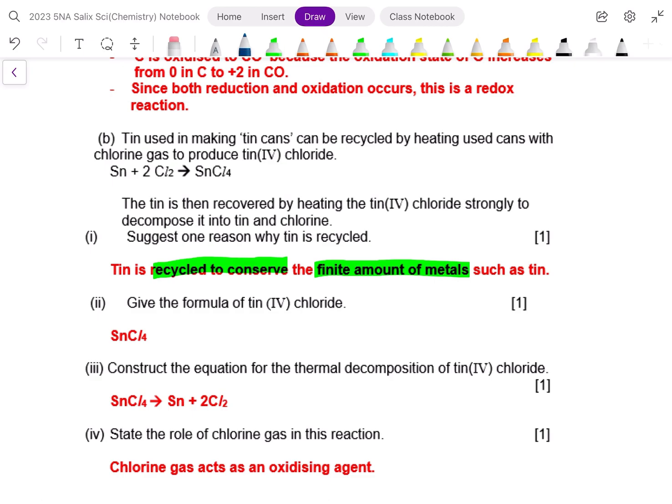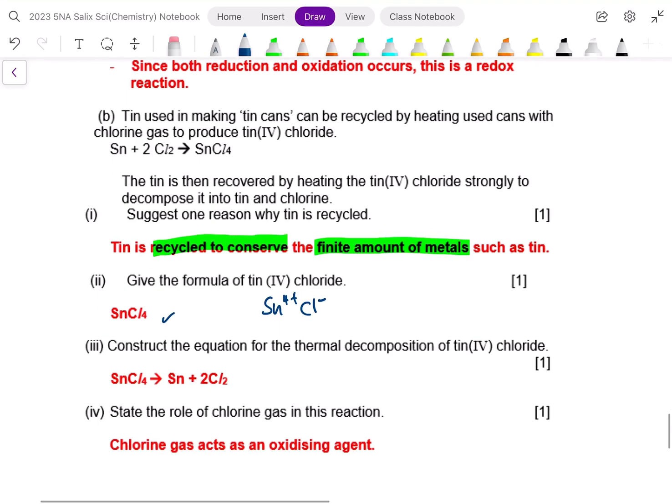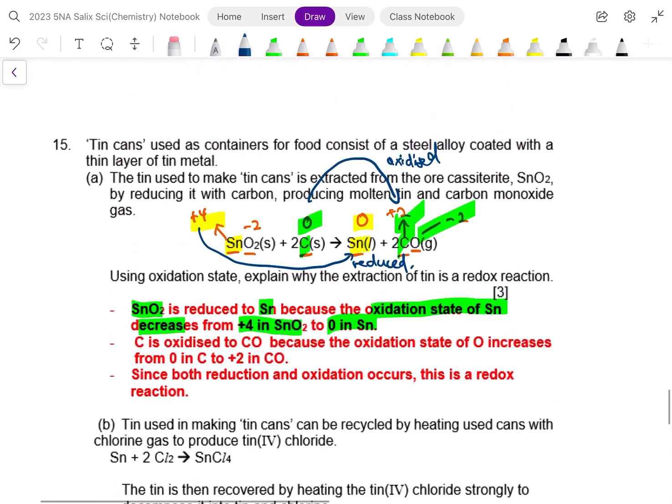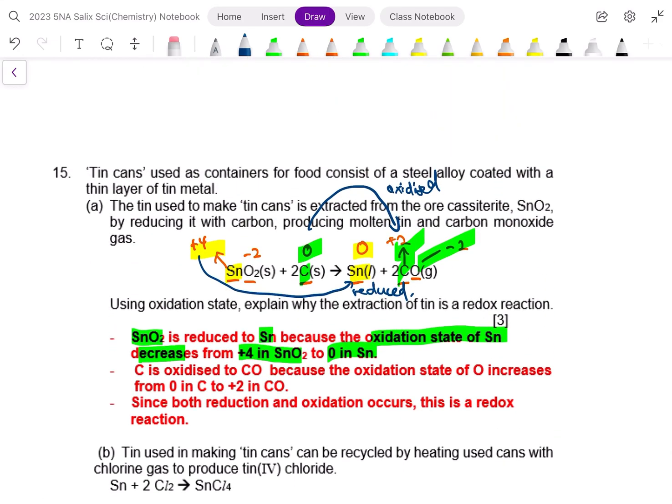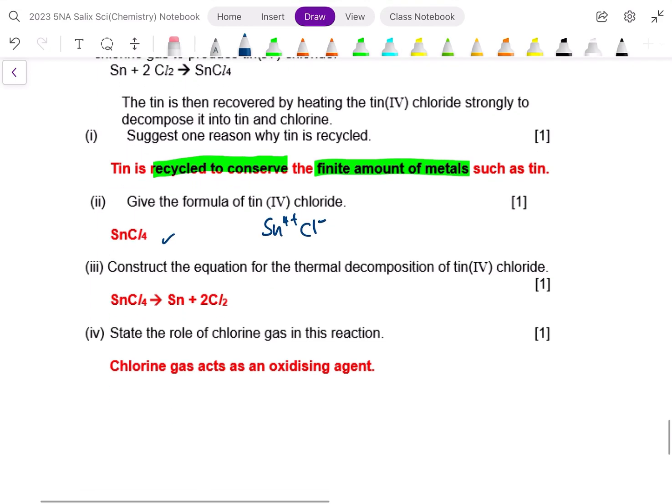Then tin(IV) chloride: you have Sn4+ plus Cl minus, so crisscross, you get SnCl4. And then thermal decomposition: basically one thing breaks down into two things.